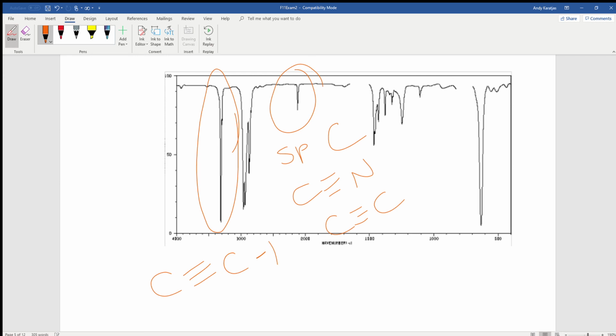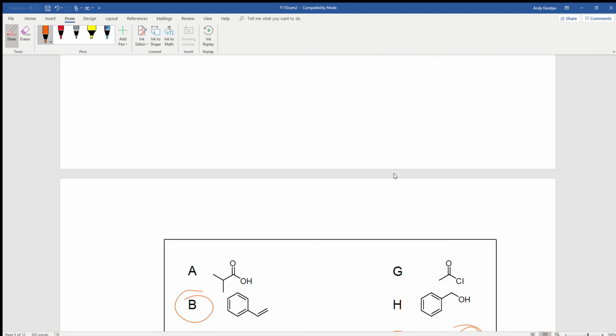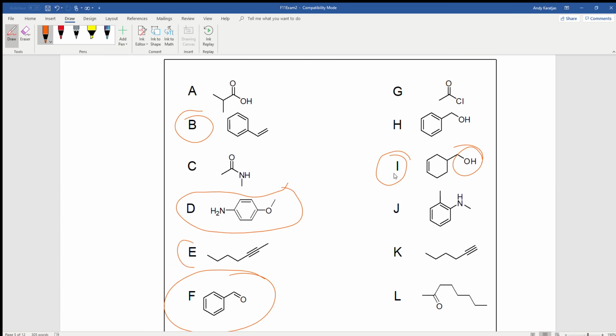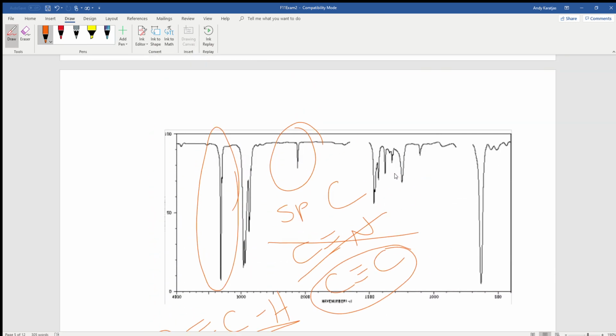We know that's our terminal alkyne. So we can pretty much rule out the nitrile. We can be very certain that we have an alkyne, and even more certain that that alkyne is going to be a terminal alkyne. There's two alkynes on the list here, E as well as K. But E, the alkyne, is internal. K has a terminal alkyne, and that tells us that this has to be compound K.